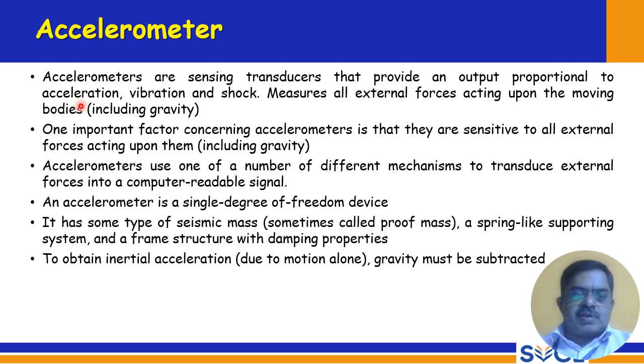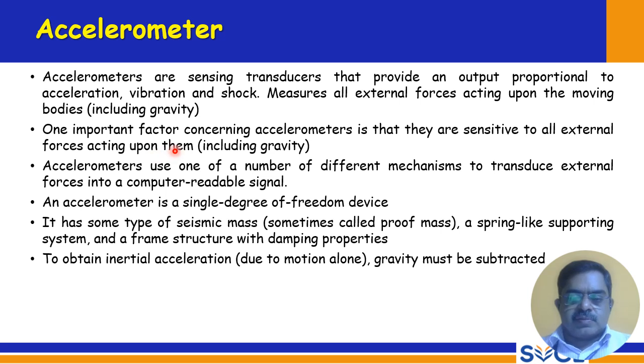Accelerometers are sensing transducers that provide an output proportional to acceleration, vibration, and shock. So output is proportional to these three parameters normally, measuring all external forces acting upon moving bodies, including gravity. One important factor concerning accelerometers is that they are sensitive to all external forces acting upon them.